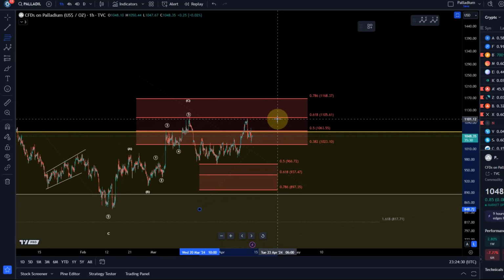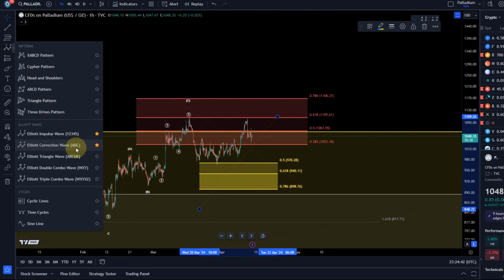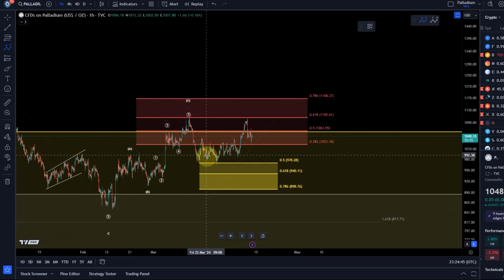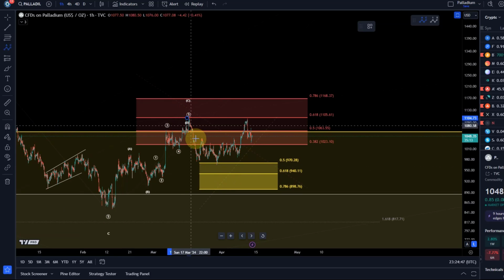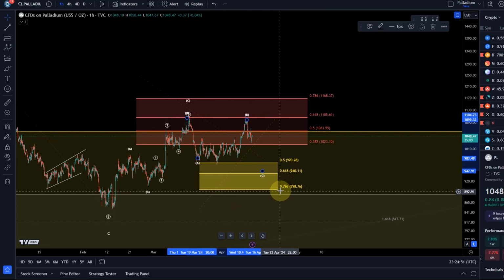The support area dictates that as long as the price can hold $899 in any decline now, we should see further upside. So maybe this is an A, B, C, and maybe we come down back into support once more.